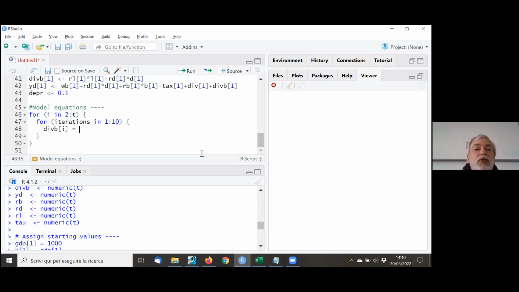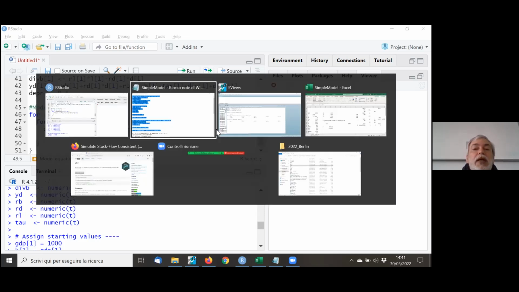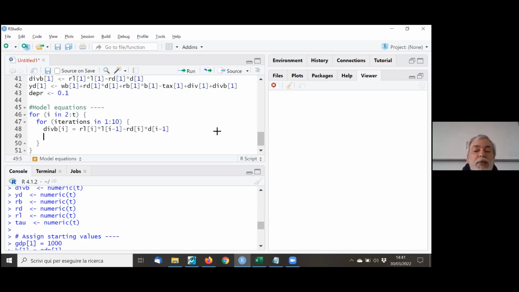Okay, so now the dividends of banks are given by the interest on loans times the stock of loans of the previous period, so this would be i minus 1. And then the interest on deposits times the stock of deposits of the previous period. Then the next can be the investment equation.